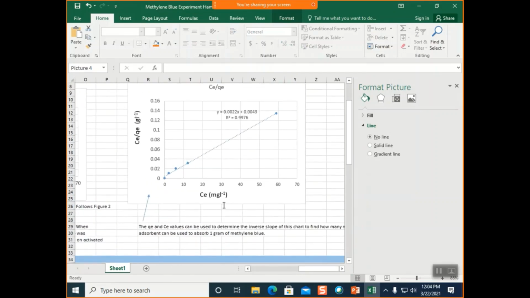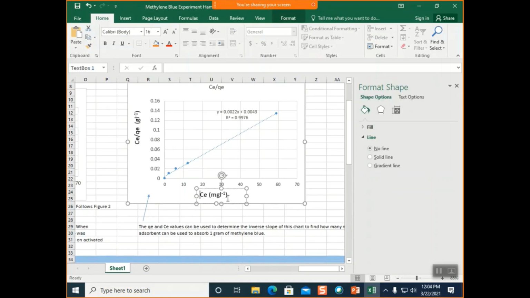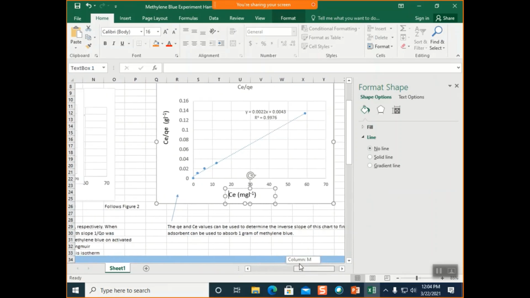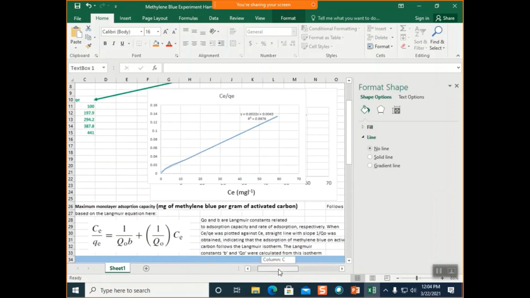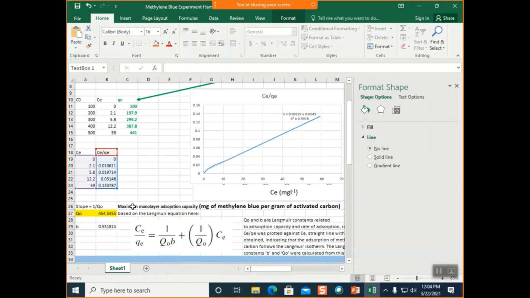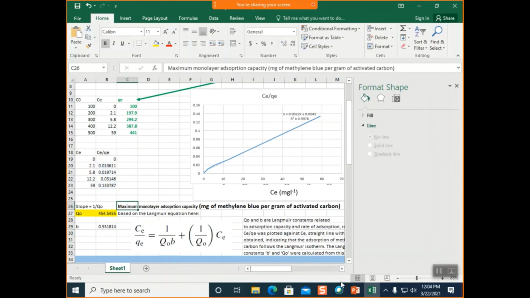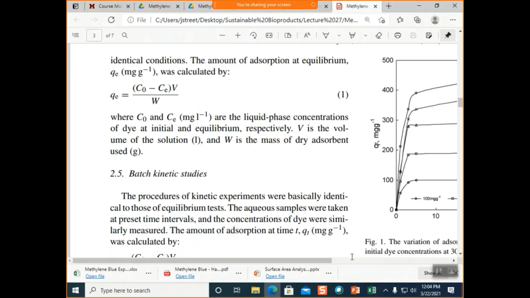And so when you plug in CE, the equilibrium concentration, versus the equilibrium concentration divided by QE, you get this equation, which is neat because then you can just use the inverse of that slope and get your monolayer adsorption capacity.